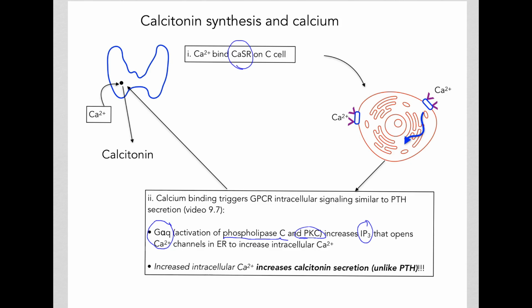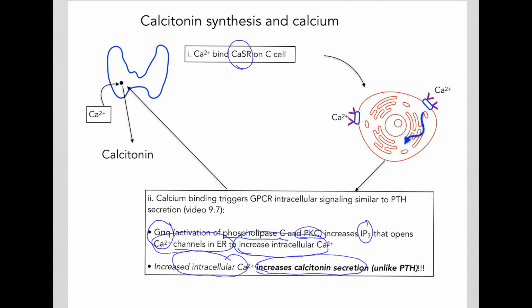And this IP3 then goes to the calcium channels in the endoplasmic reticulum, making them open, and intracellular calcium increases as calcium goes from the ER into the cytoplasm. Now, this high concentration of calcium in the cytoplasm will increase calcitonin secretion.